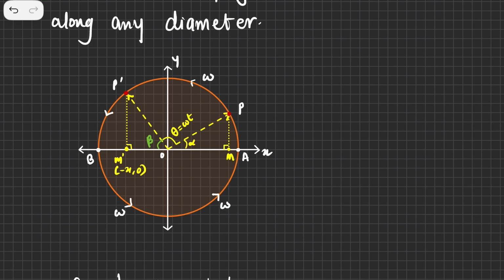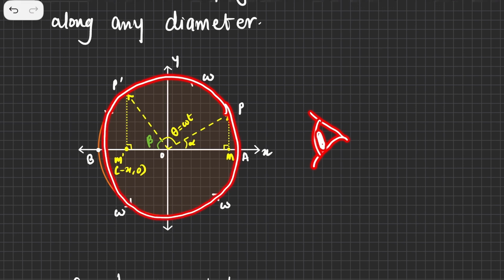So if I see a particle which is moving in circular motion, this is because I am watching it from the top. But suppose, let's say, I am watching it from here, this is the eye, and this particle is moving along the circumference of a circle, then for the time being I will see the particle just going up and down.